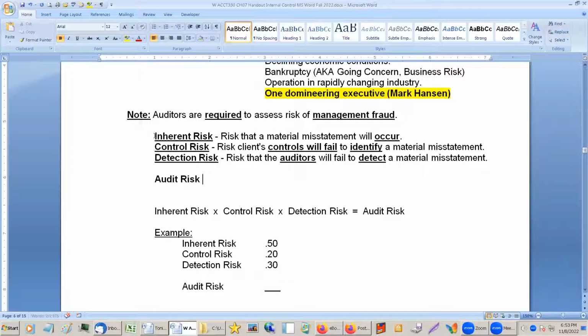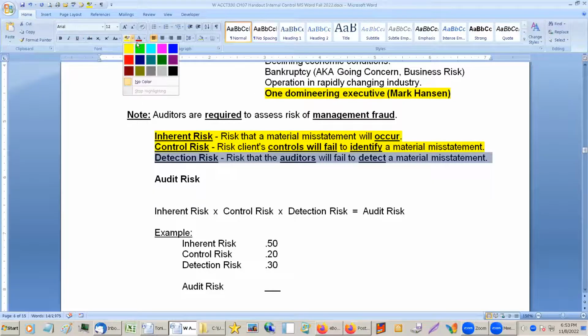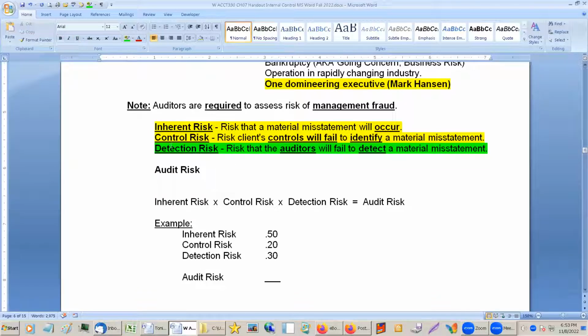So these first two are only for the client. The auditor does not have control over those. The only thing the auditor has control over is this, the detection risk. Now, we will assess these two.